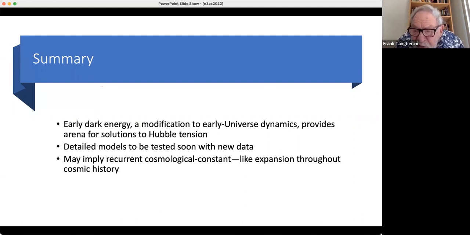But what I found is if I took a redshift of 0.07, which is in the range of redshifts that she used, and I change the deceleration parameter from one of an accelerating universe to a decelerating universe, the value of H naught came down to within 0.1% of the CMB value.